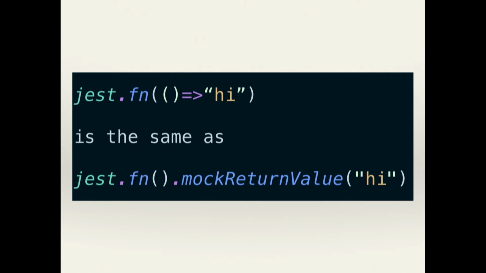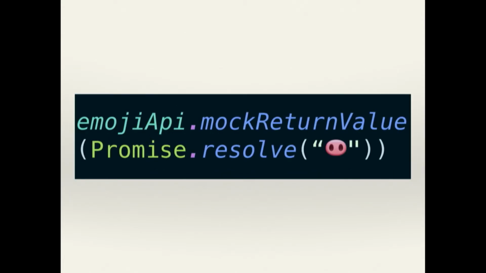You'll see that these two are actually the exact same, but since it's already wrapped in jest.fn, we can just do mockReturnValue. So here's how it would work in our test: we'd write emojiAPI.mockReturnValue, and we'll do Promise.resolve. And that's it. That's all we have to do.